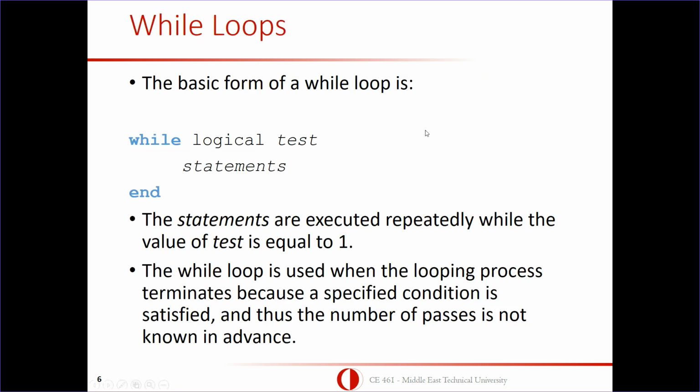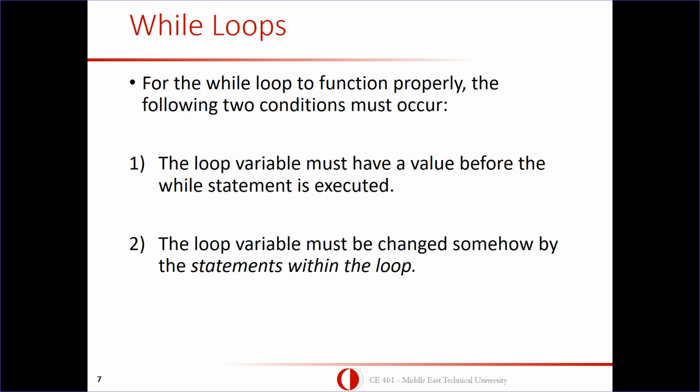In the case of the while loop, as long as the logical test is satisfied, the statements are run. However, when this logical test is terminated, then you don't run the statements anymore. So the number of passes in while loops is not known in advance.